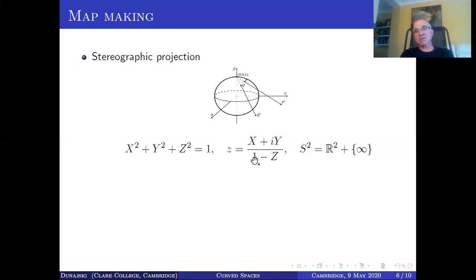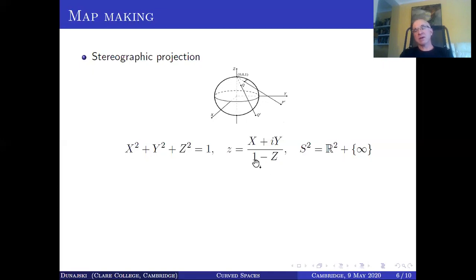Now, if you use the idea of similar triangles, then you'll find that the complex coordinate of the image of a point with coordinates x, y, z on the sphere is given by this expression. And you'll never have to worry about dividing by 0 because you've excluded the North Pole from your projection.